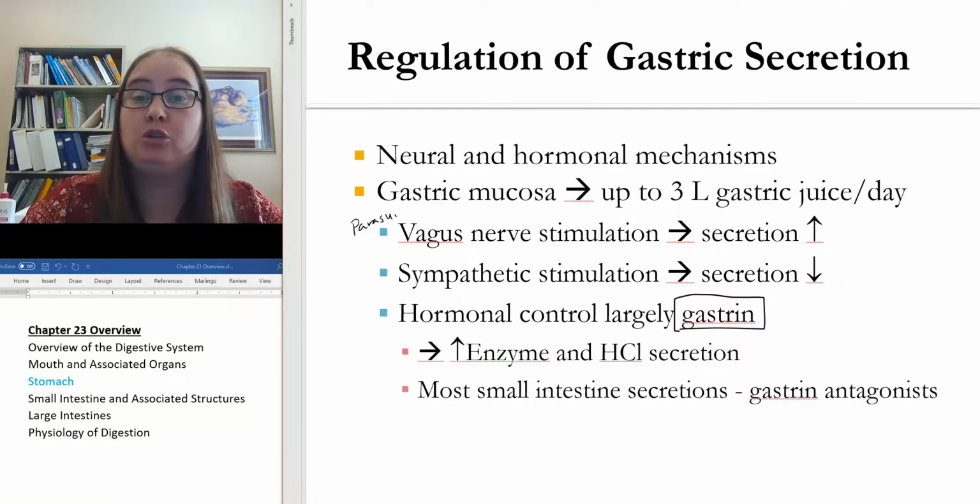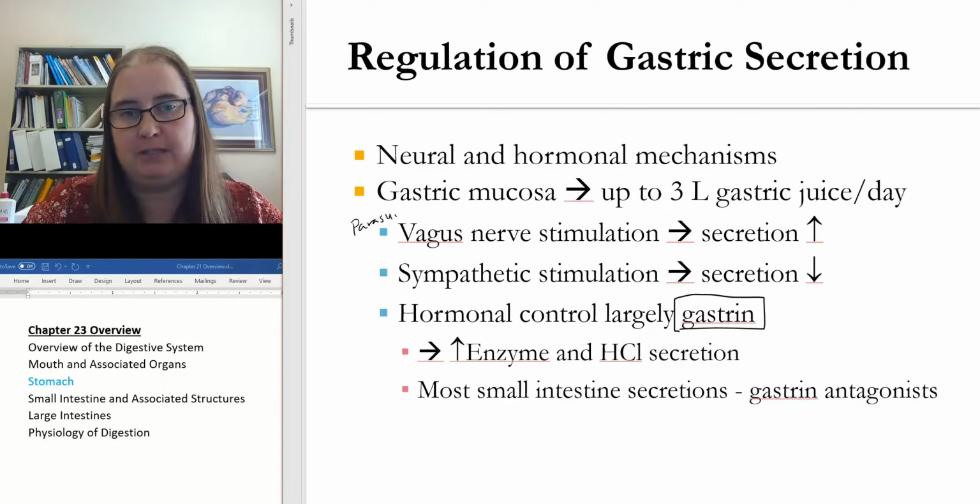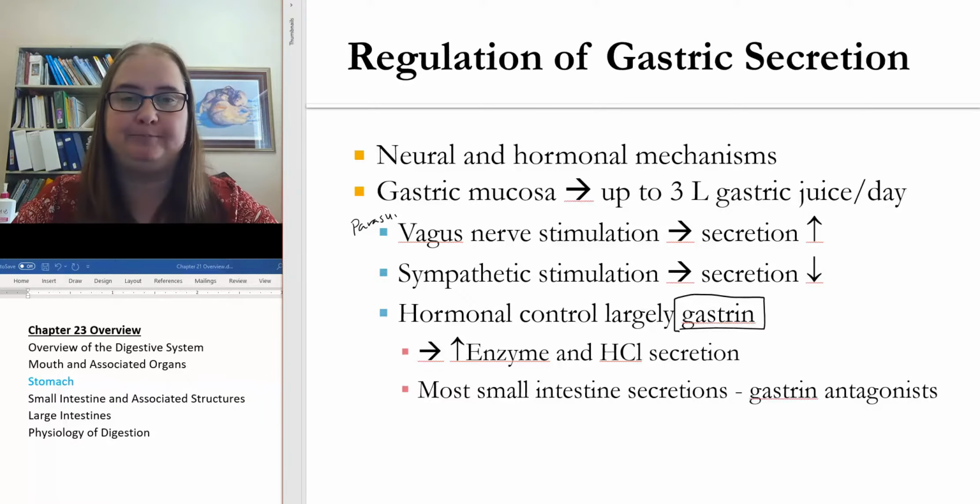So you secrete gastrin, you increase enzyme, you increase HCl secretion. Now, once we move into the small intestine, the majority of the secretions of the small intestine are going to target gastrin and turn it off. They're called gastrin antagonists, and we'll talk about that here in a little while.